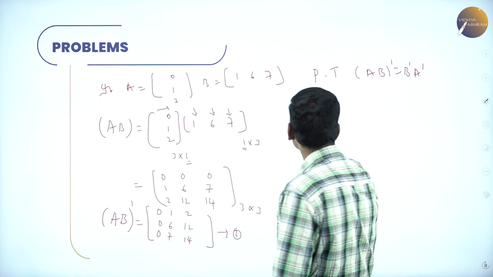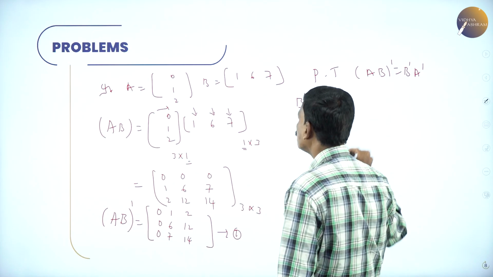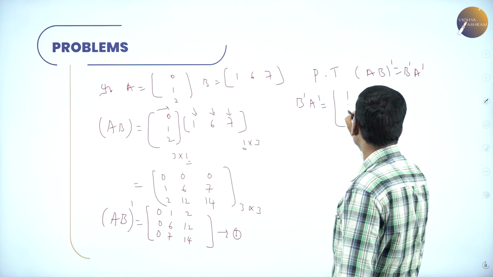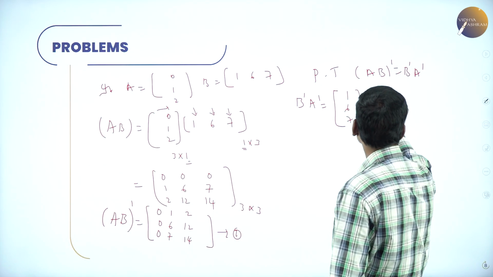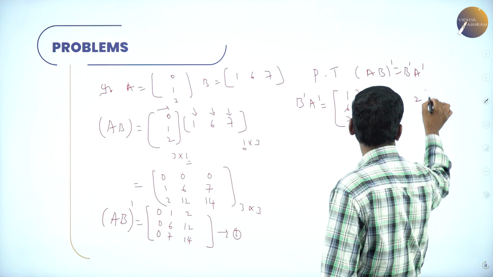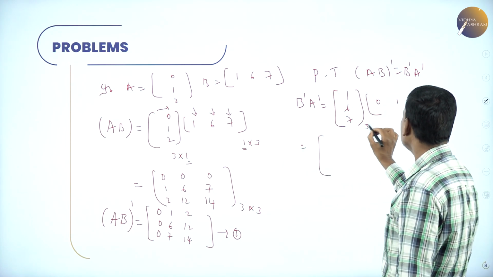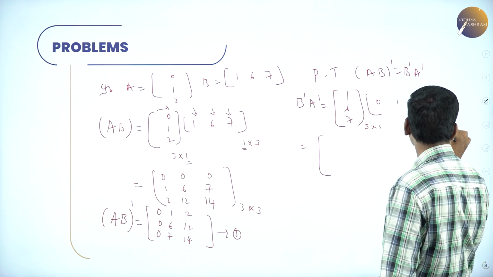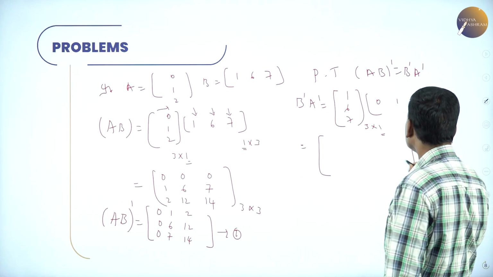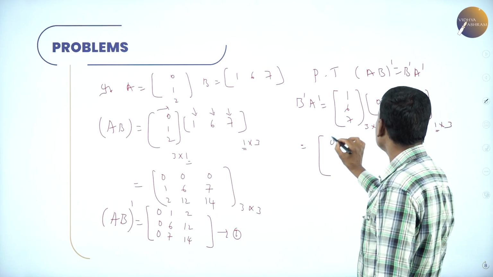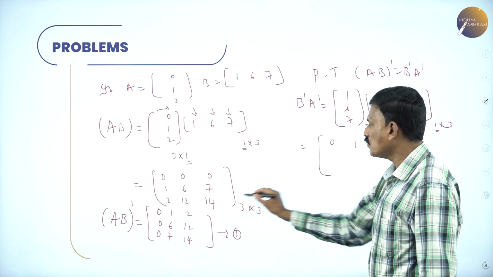Now the right hand side, B dash into A dash. What is B dash? The transpose of this is 1, 6, 7, into A dash. A dash is 0, 1 and 2. Now that is again 3 rows 1 column, 1 row 3 columns, so you are going to get a matrix of order 3 rows 3 columns. 1 into 0 is 0, 1 into 1 is 1, 1 into 2 is 2: 0, 1, 2.